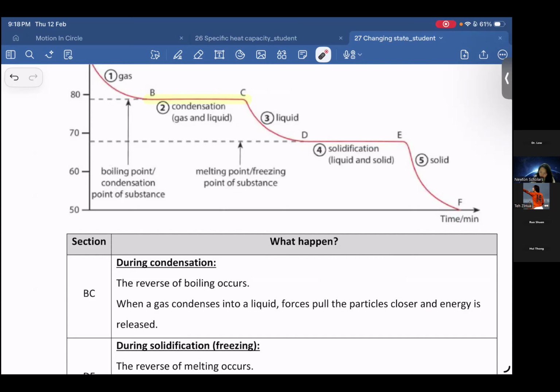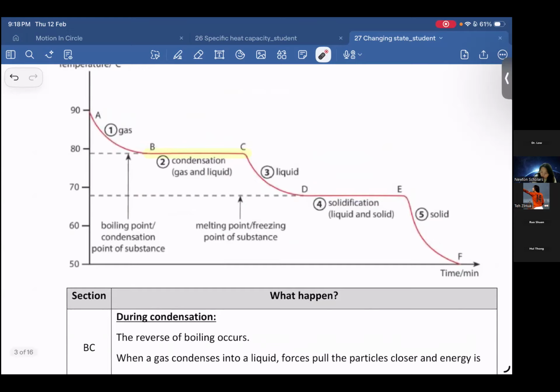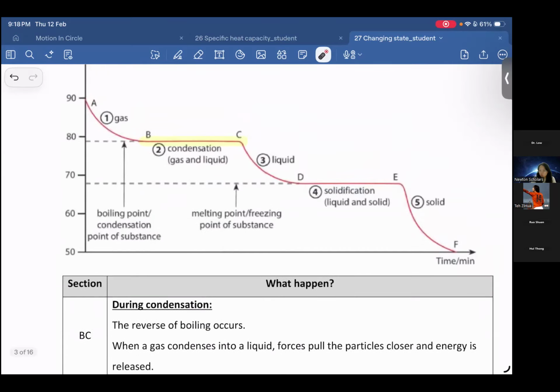For this one, I want to emphasize that this is the condensation point. Condensation is the point where the gas turns into liquid. But this is actually also equal to the boiling point. If we want to heat this substance from liquid to gas, it also needs to reach this temperature to boil and then turn into gas.